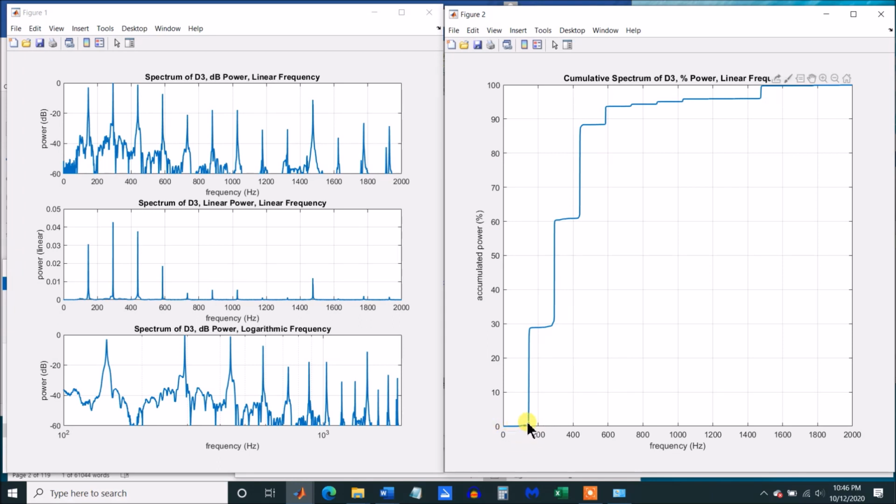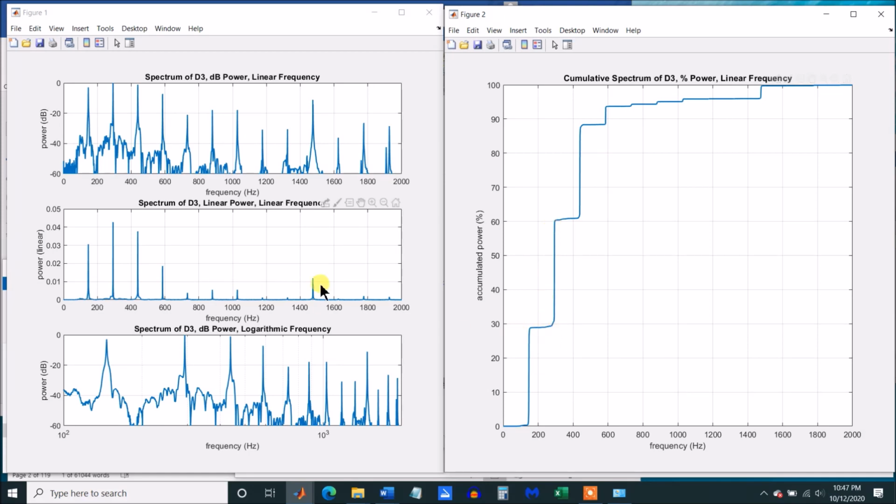And then here it is at 143, we get a jump because we're accumulating the power in that peak. Then we move along and not much is accumulated. And then here we get a power from this peak. Now it's interesting that this is 29% here, and this is about 31 here.